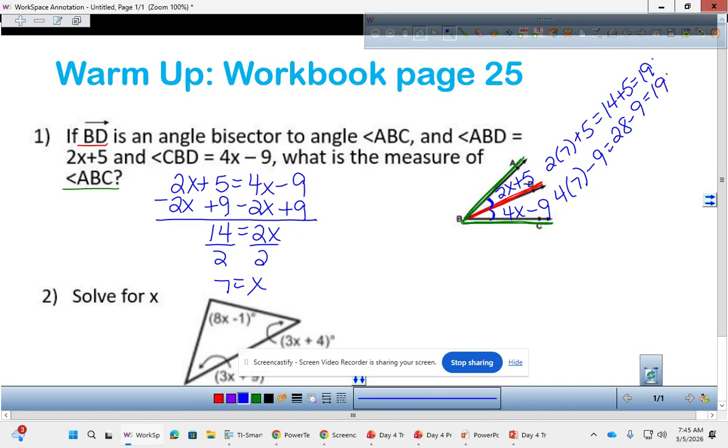On their own, those two little angles are 19 degrees, but the green angle is the two angles together. So to find ABC, I would have to do 19 plus 19. So 38 degrees would be the final answer.